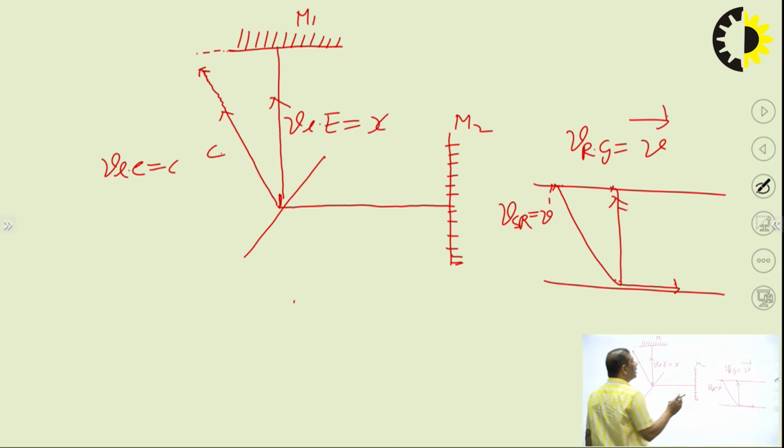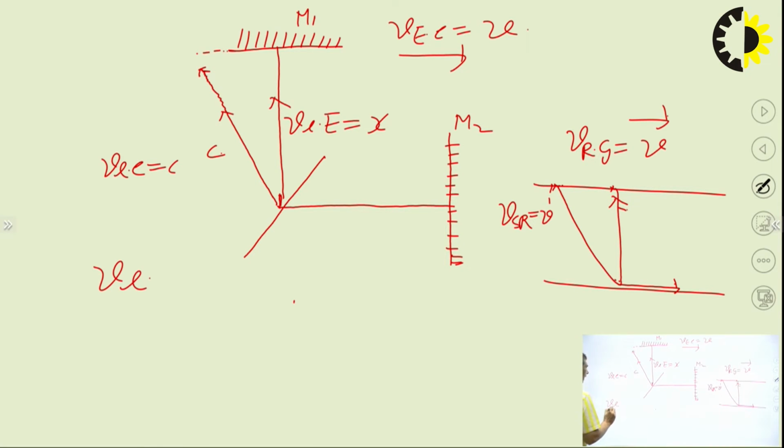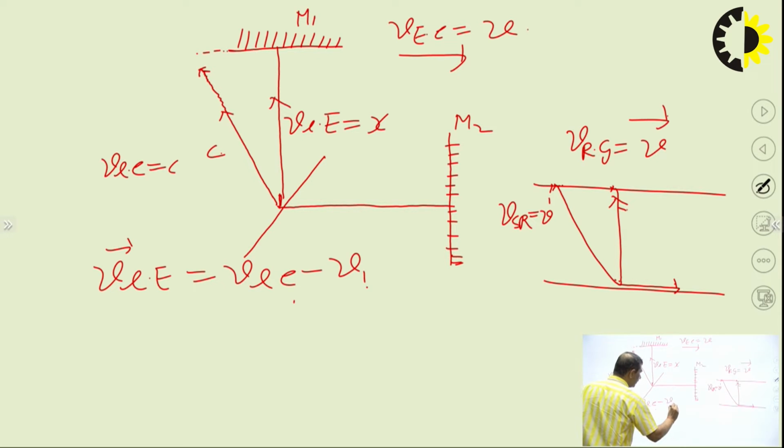As I told you earlier, the velocity of Earth with respect to ether is v. And by the formula we discussed in the earlier slide, velocity of light with respect to Earth is equal to velocity of light with respect to ether minus velocity of Earth with respect to ether.